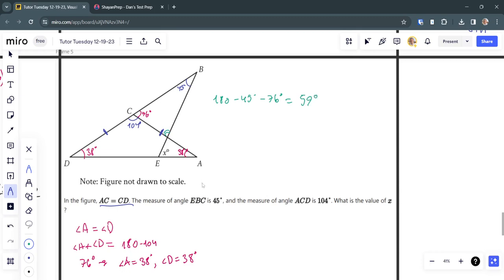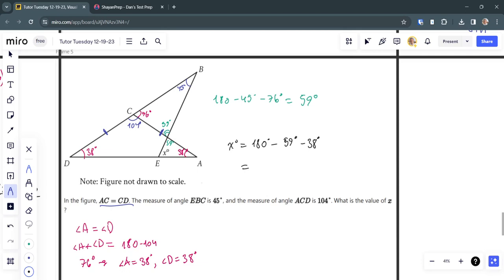So what does that become? 59. I hope I calculated that correctly. That's also a vertical angle. 59. So this is also 59. And then finally, to get x, we just have to do that again. 180 minus 59 minus 38.